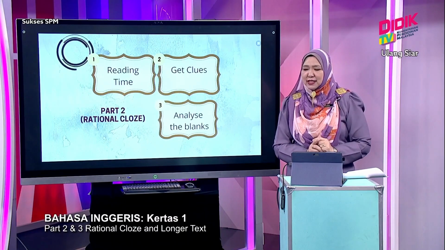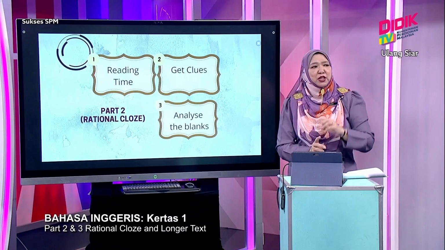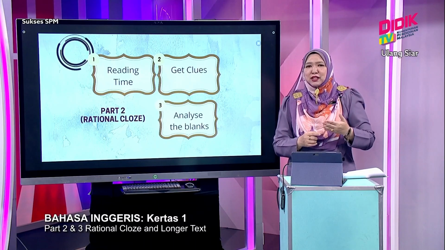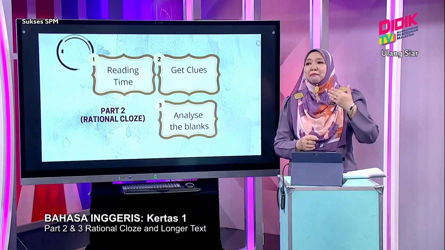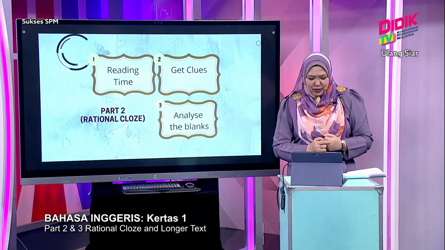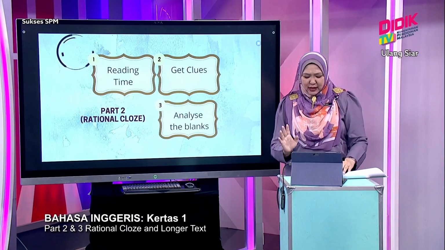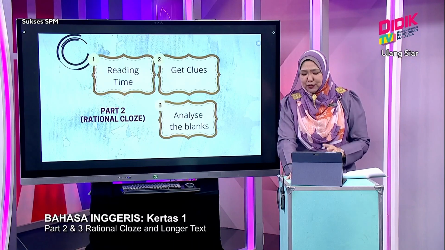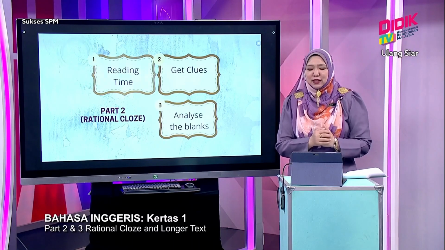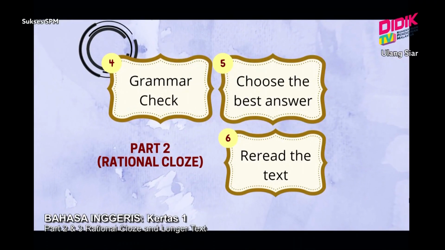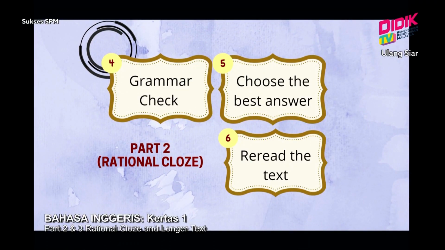How do you analyze? You can use the words before and after the blank to help you get to the best answer. Apart from that, step number 4, you have to do a grammar check. Look at the grammar, look at the tenses.